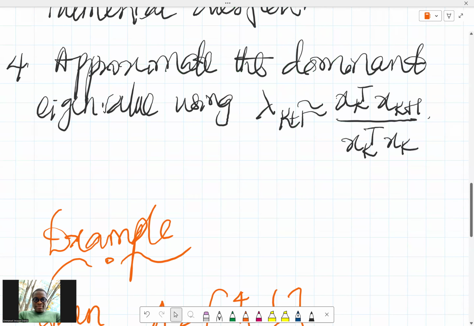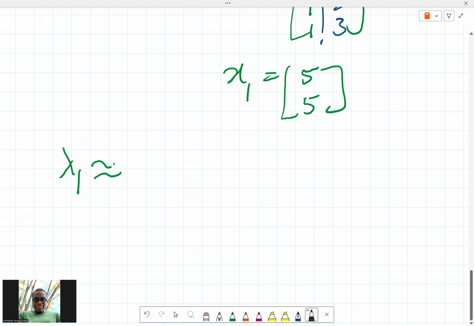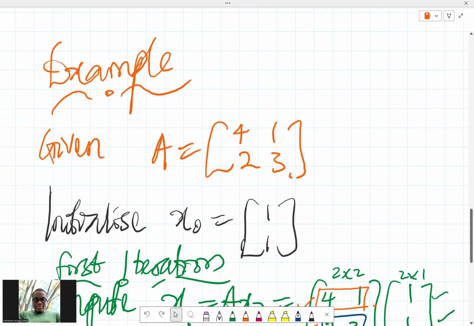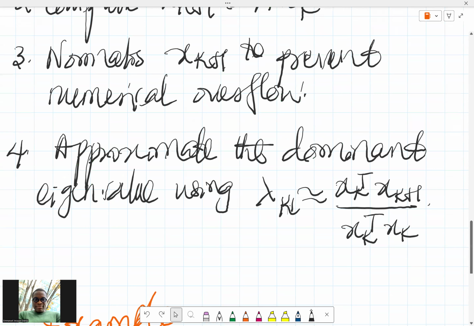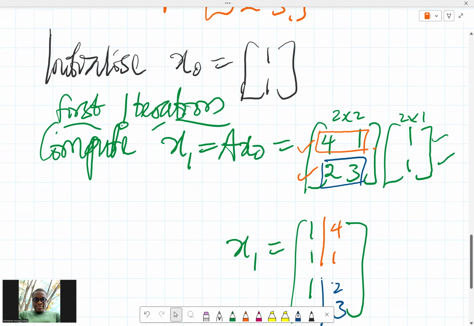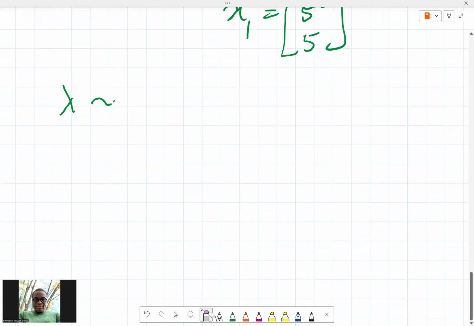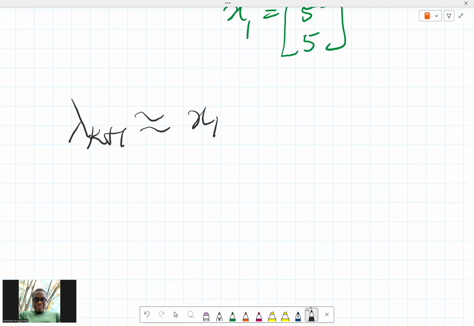So lambda 1 is approximately x naught transpose x1. What we have said is that lambda k plus 1 is approximately x k transpose x k plus 1 divided by x k transpose x k.